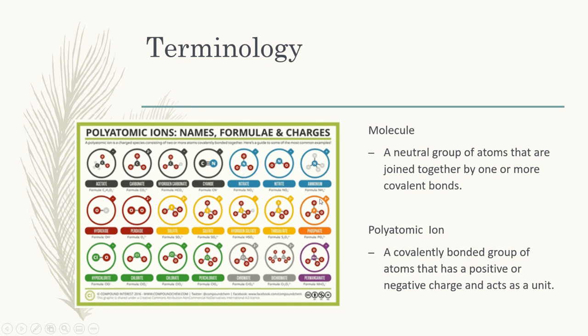And some of these we've already looked at: carbonate, ammonium, hydroxide, peroxide, sulfate, all of those. So the difference between a molecule and a polyatomic ion is that a molecule has no charge, a polyatomic ion has a charge. Both are covalently bonded, so that means that none of them include metals. They're all nonmetals. Okay?